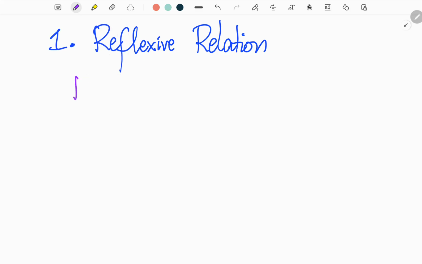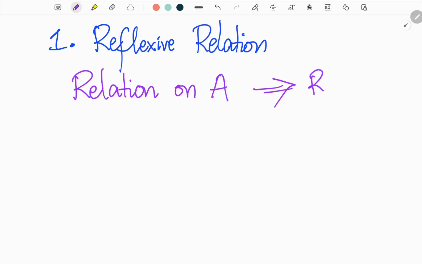So when I'm explaining the types of relations, I'm going to explain with the help of a relation on a set, like a set A. So now when I say relation on A, it means the relation is from set A to set A. That is the meaning.